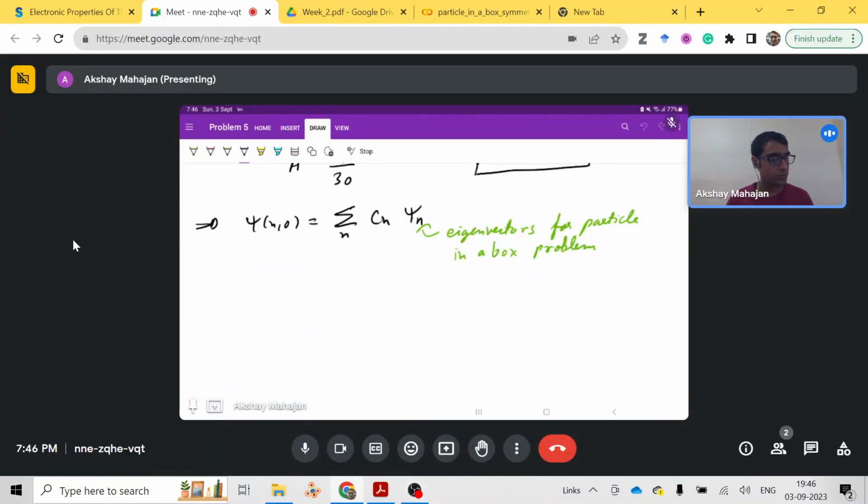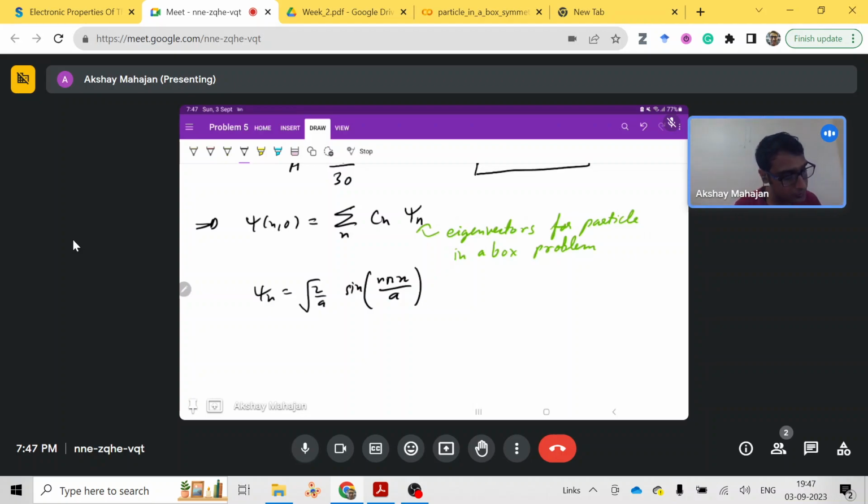Basically, we can write this psi x comma 0 as the summation of cn times psi n, which are the eigenvectors for a particle in a box. And we know that psi n will be equal to the root of 2 by a times sine of n pi x by a.